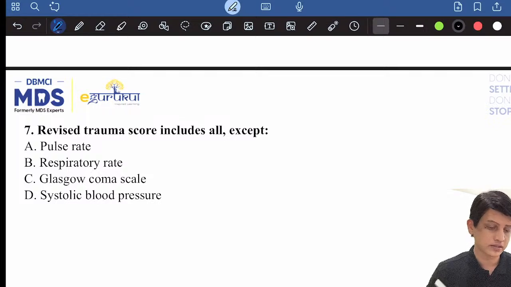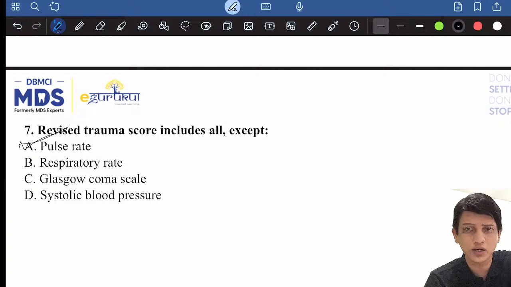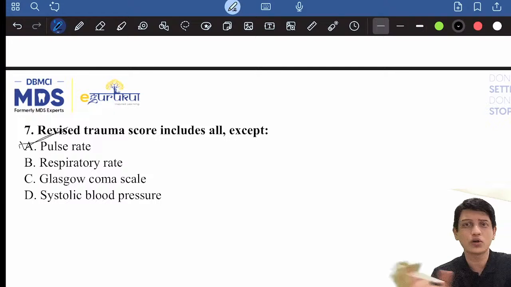The answer is the pulse rate. Pulse rate is not part of it. Tachycardia is not a component. Respiratory rate is a part. Glasgow coma scale is a part of the revised trauma score, and SBP. These are the three things, and pulse rate is not a part of the revised trauma score. Hope it's clear. It's a very straightforward factual question. There's nothing to think or calculate. You know or don't know. That's it.